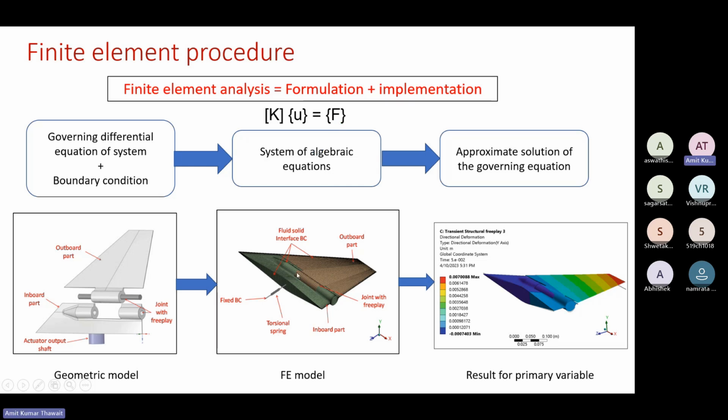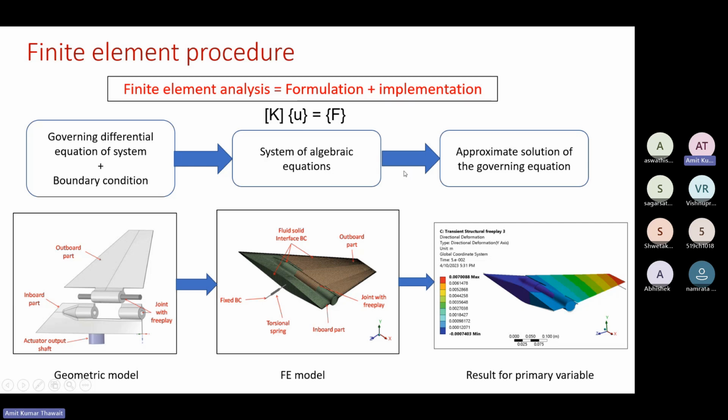So we discretize the system. Here you can see that the solid model is there, and we discretize the solid geometry into small elements, and we obtain this K, U, and F for individual elements, and then we sum up those elements and solve for this U, using Gauss elimination or any linear equation solver techniques, and then we get this primary variable.